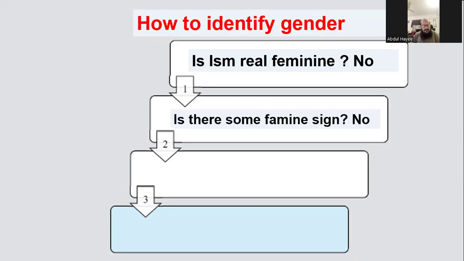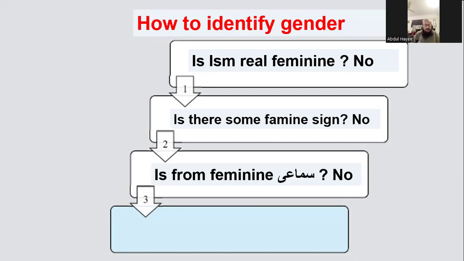Is there some feminine sign? What are the signs? Round ta, ta marbuta, the alif maqsura, having fatha on the ya, and alif mamduda, having alif and the hamza. If there is no sign, you say no. Then go to the third question, third stage. Is it a feminine samai?